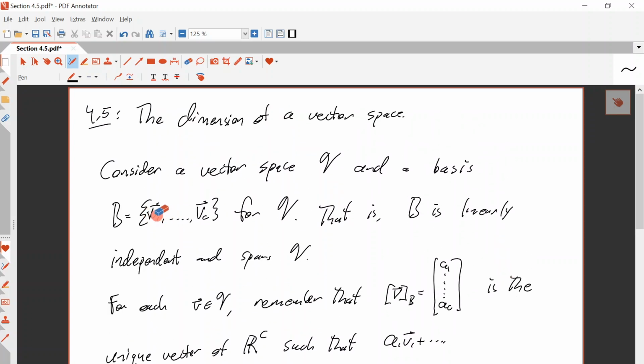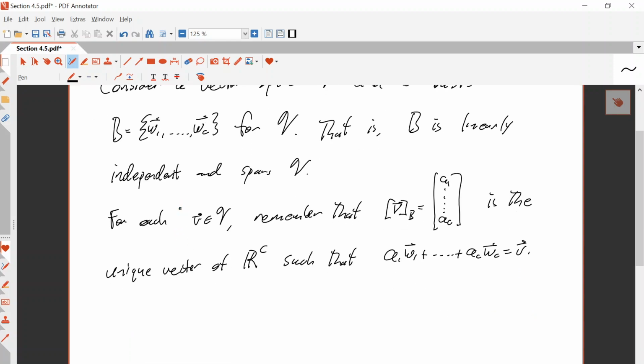We'll call these w's. Such that a1 w1 plus ... ac wc is equal to V. It's the linear combination for V given by the w's, or V as a linear combination of the B vectors.